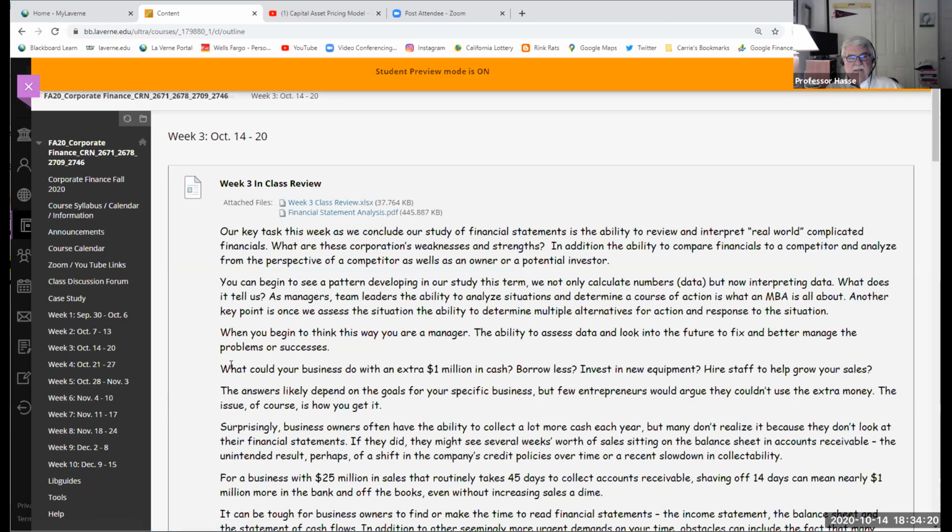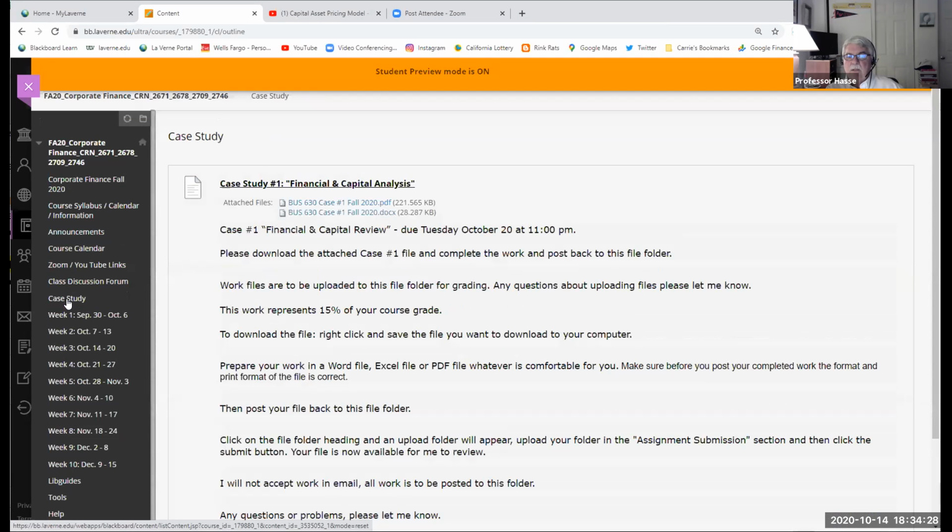And then secondly, there's now a file folder called case study. There are 2 files there, both the same material. One is in PDF format and one is in Word doc format. You can download either file of your choosing and begin the work.